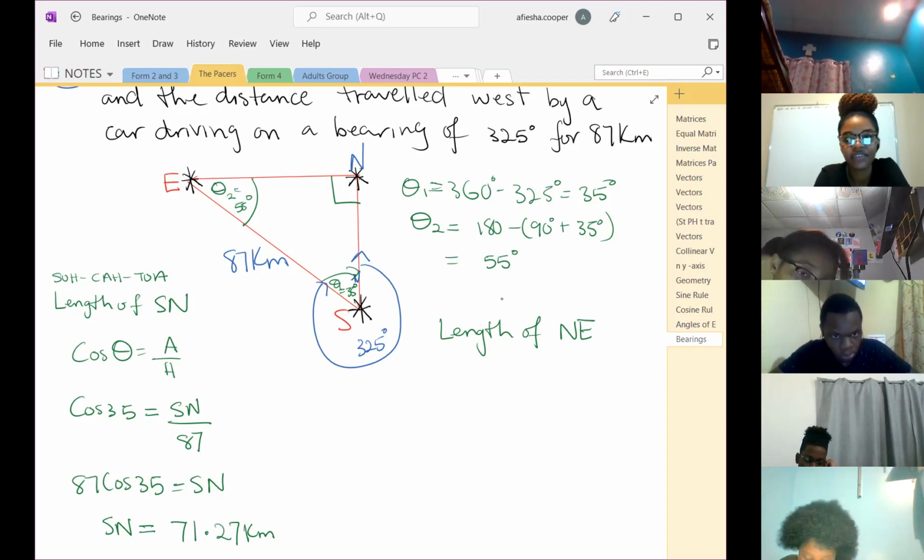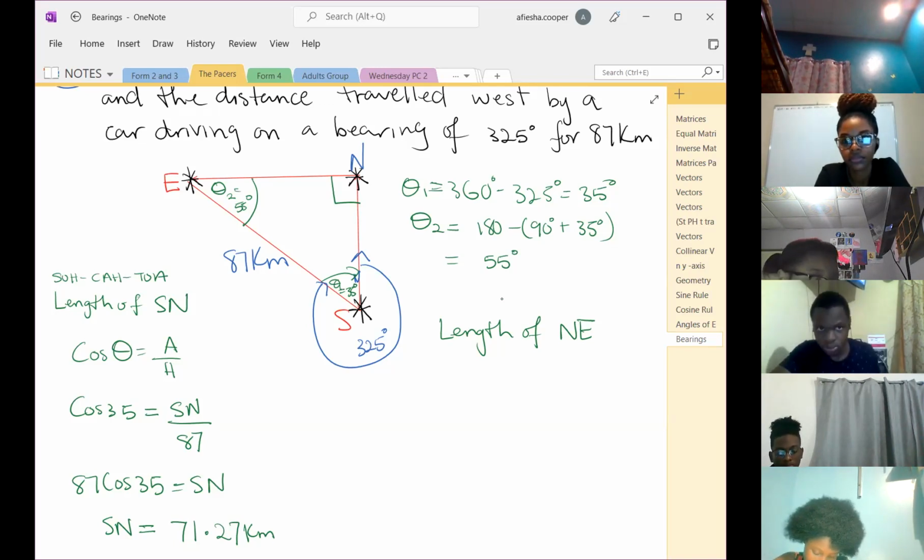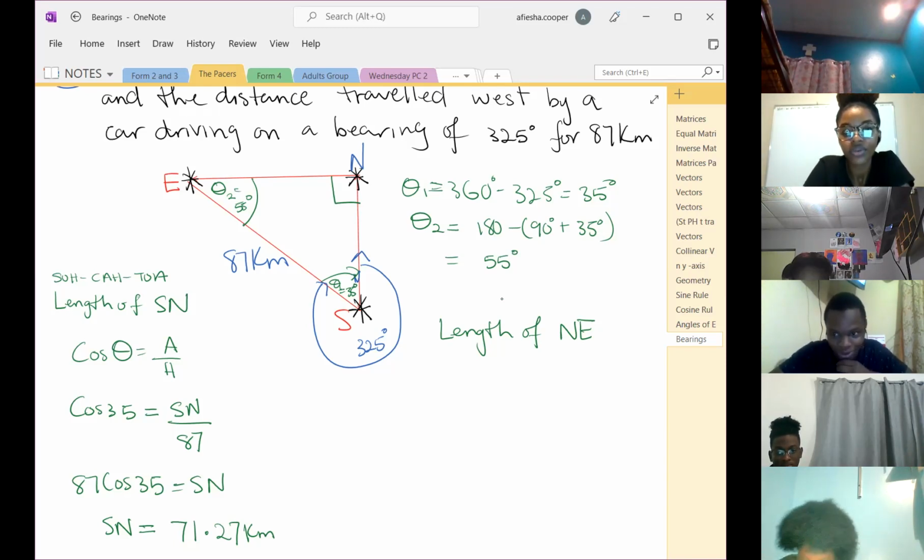What are my two lines for the 35? Therefore, what trig would we be using? What trig would you use to find that NE?